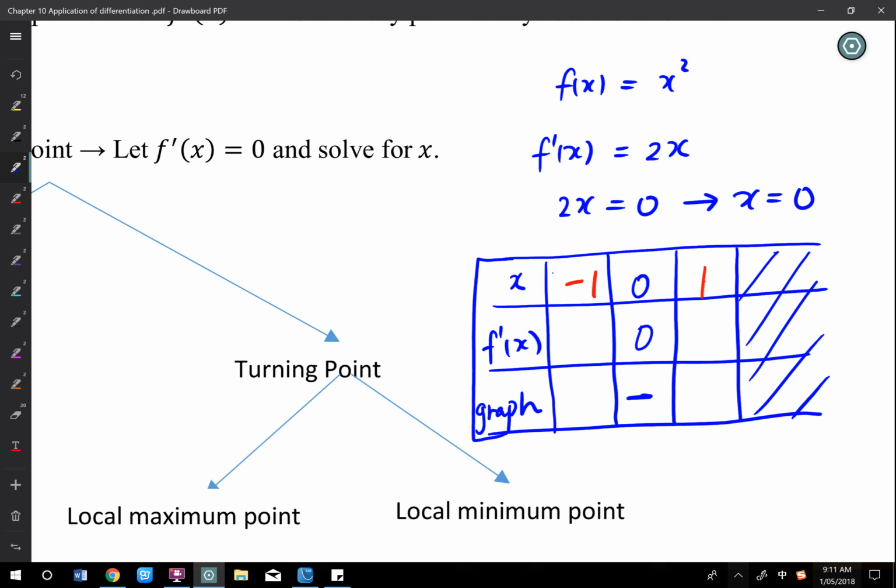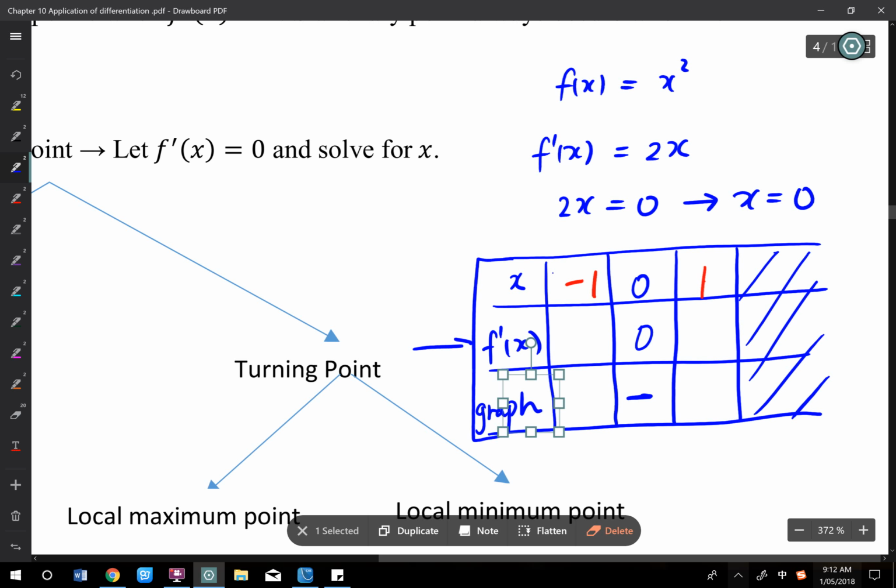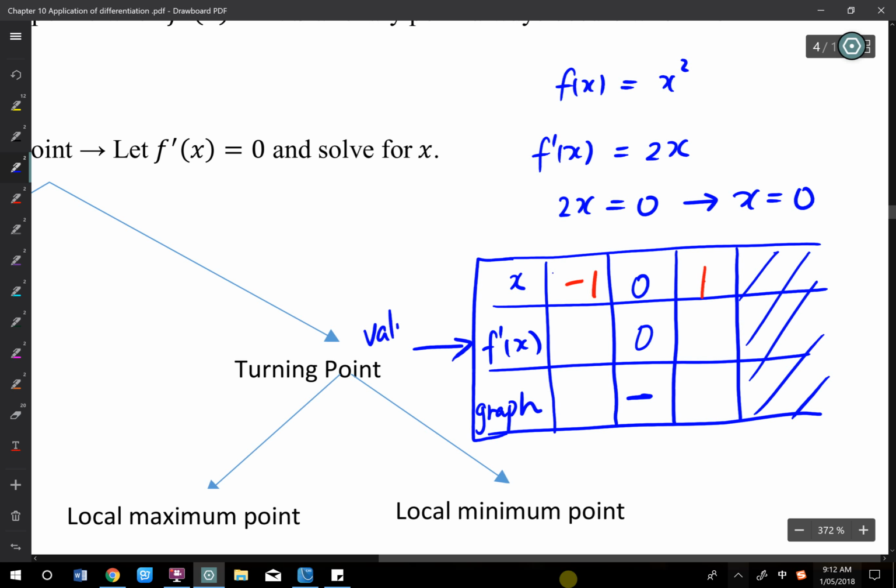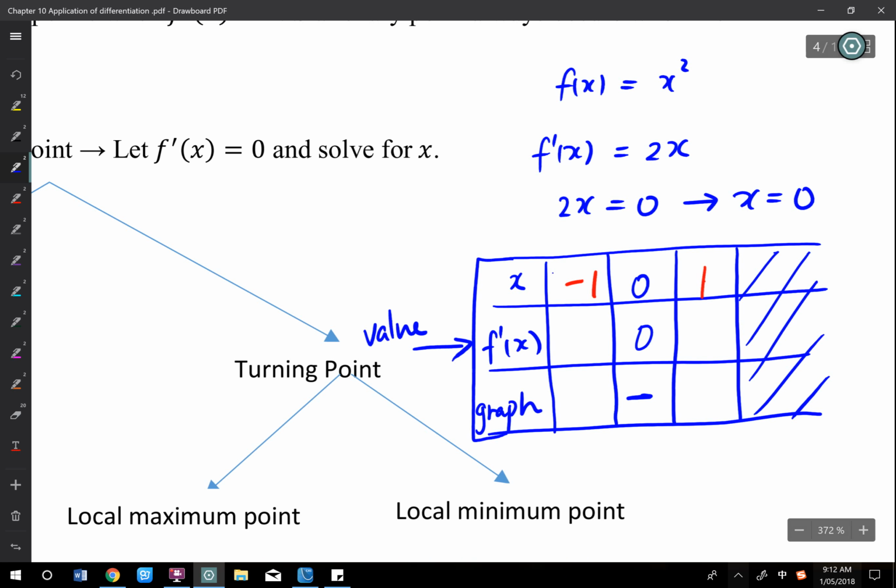But VCAT really wants to see the value you substitute. So this is to get marks. This row must have values, not the sign only. You can't just put positive or negative.